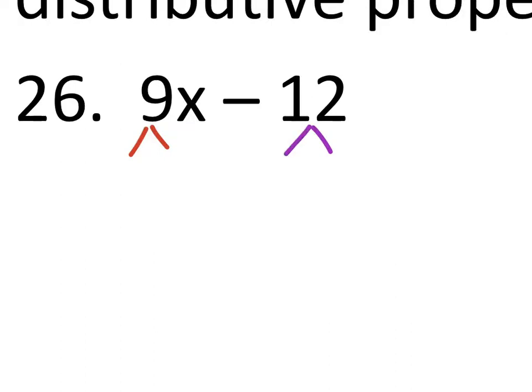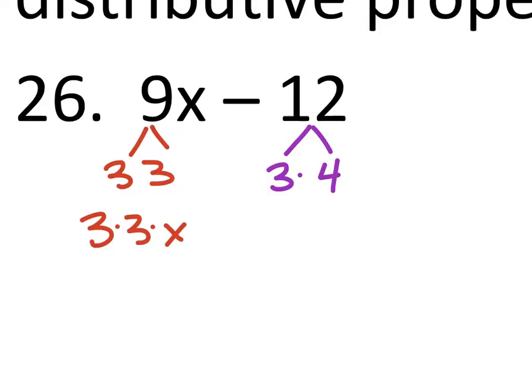So the 9, what are factors of 9? Well, 3 and 3, right? So this we could show is 3 times x right there. And then 12. What are factors of 12? You could say 3 times 4. And maybe you guys have seen these factor trees before. You could say 2 and 2 if you'd like. So this would be minus 3 times 2 times 2 right there.